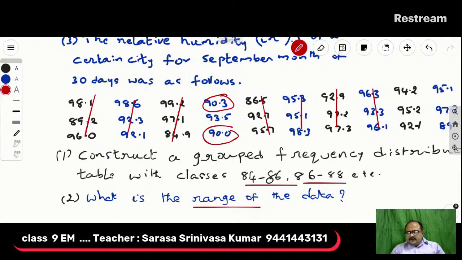We don't have any other observations. So 90.3 and 90 are the observations in this interval.